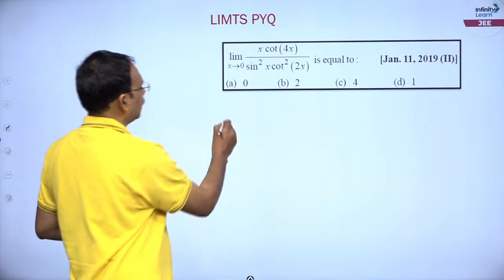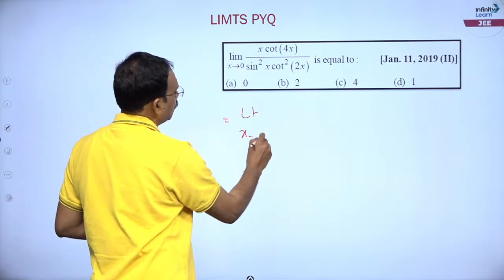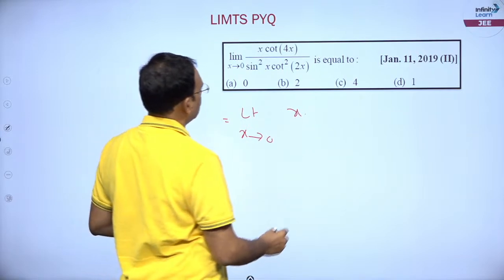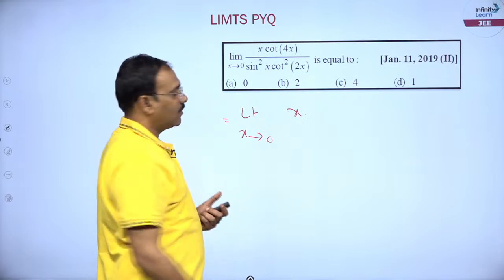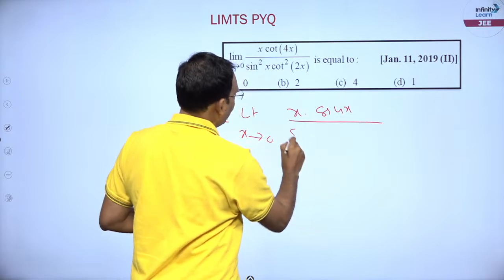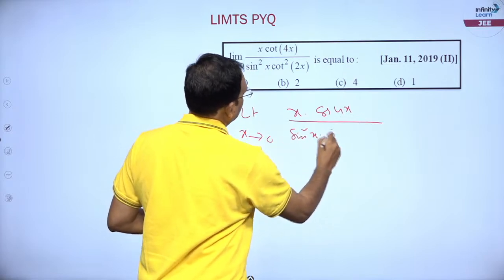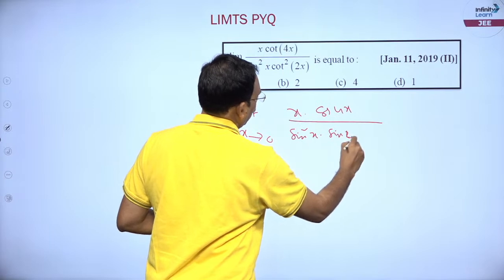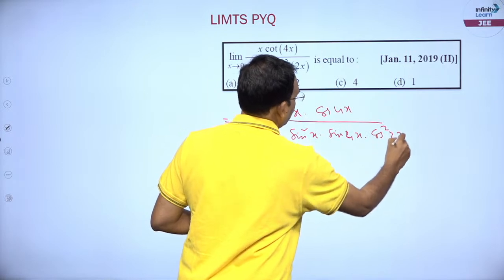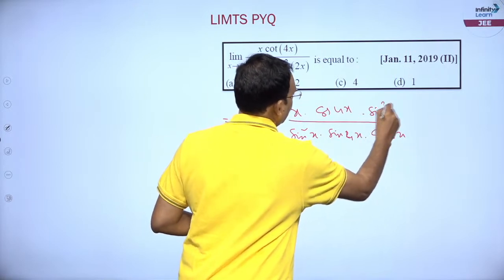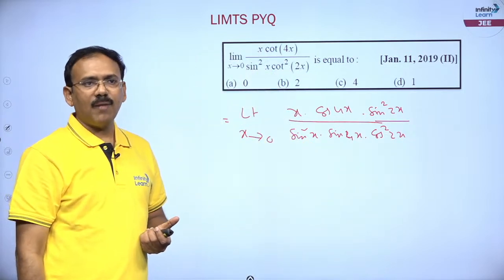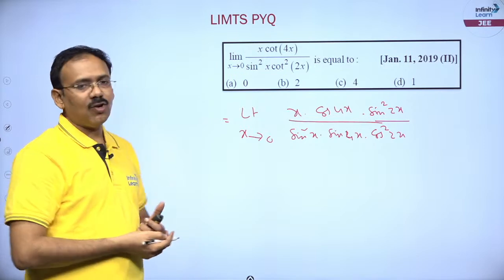We shall, you see, this is limit x tends to 0, x into, why don't you write, this is cot 4x, which I can write cos 4x by sin 4x, of course here sin square x, cot square 2x means cos square 2x by sin square 2x. I just converted the problem completely in terms of sine and cos?